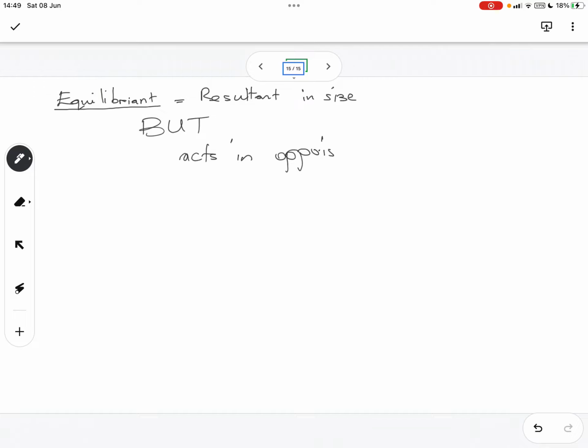So equilibriant equals resultant in size, but acts in the opposite direction to the resultant.